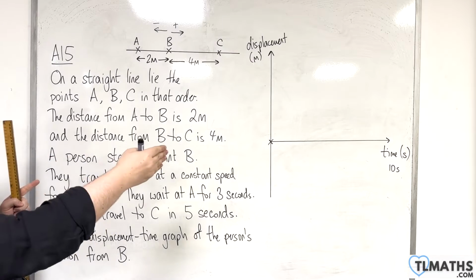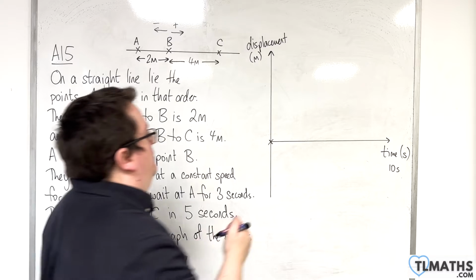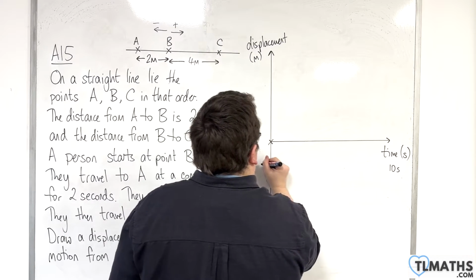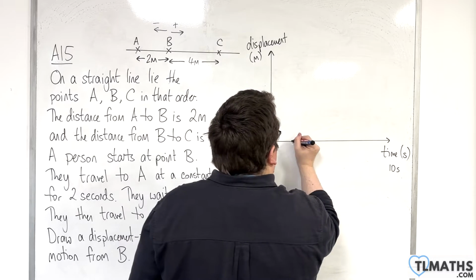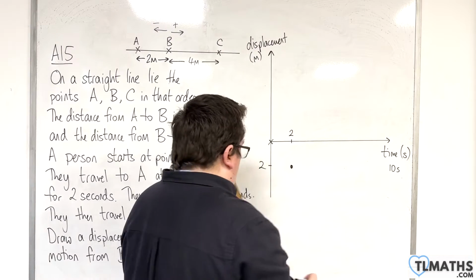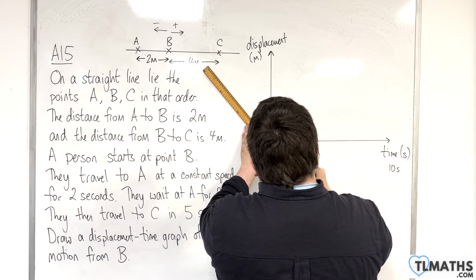So we're going to go 2 seconds and we're going to travel 2 meters in the negative direction. And so the graph starts by doing this.